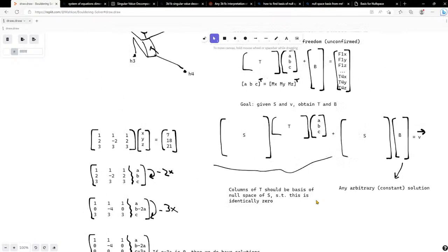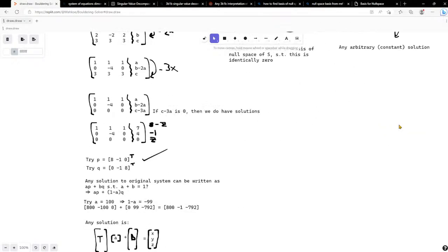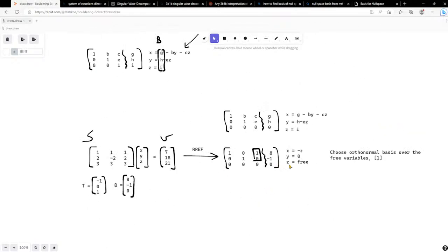So this is the basis of the null space, and then this is just any arbitrary solution. And what's this particular solution? Where does that come from? Where did that solution come from?